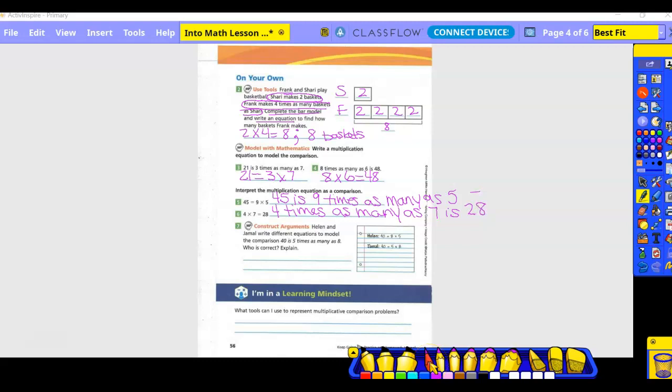Okay, number 7, construct argument. Helen and Jamal write different equations to model the comparison. 40 is 5 times as many as 8. Who is correct? So, could they both be correct? Yes, they are both correct. And why can it go either way? Because in multiplication, can you change the numbers around and still get the same answer?